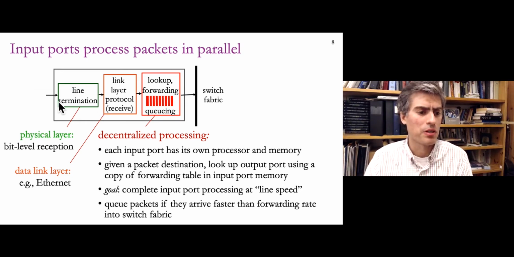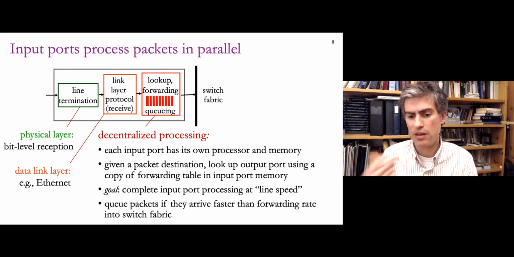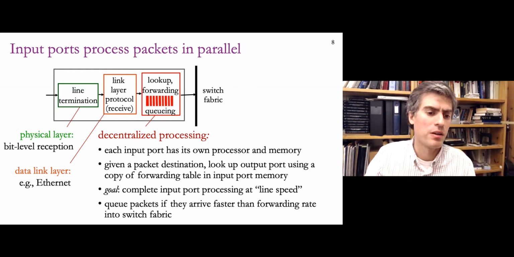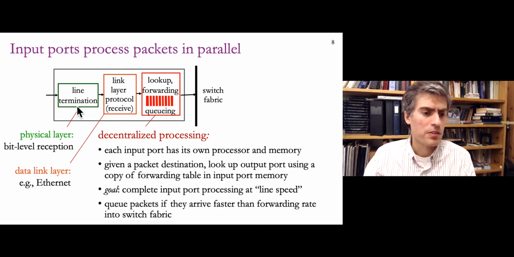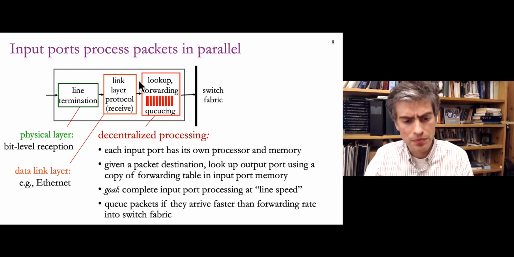How that works will depend on the physical implementation, like if you're using a radio versus Ethernet on Cat5 versus a fiber optic connection, whatever, different circuitry there. And then there's a link layer protocol, which we'll talk about later in the class, that gets packets out of the zeros and ones.